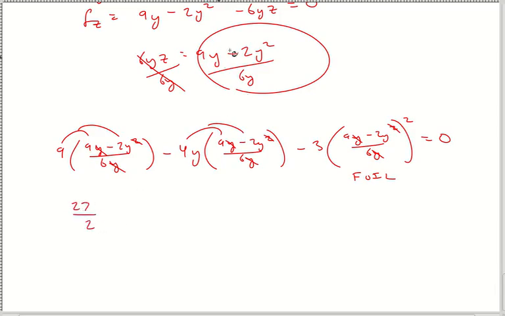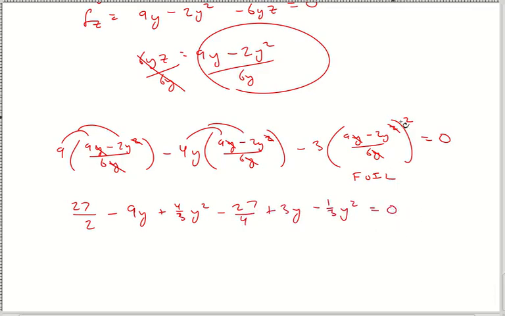So maybe if we were to cancel a 2 everywhere and a y before trying to do all this mess, that might be helpful. I'm just going to go ahead and give you what I got. So I got the 9y, 4/3 y squared. So I'm just simplifying. Minus 27 over 4 plus 3y minus 1/3 y squared equals 0.